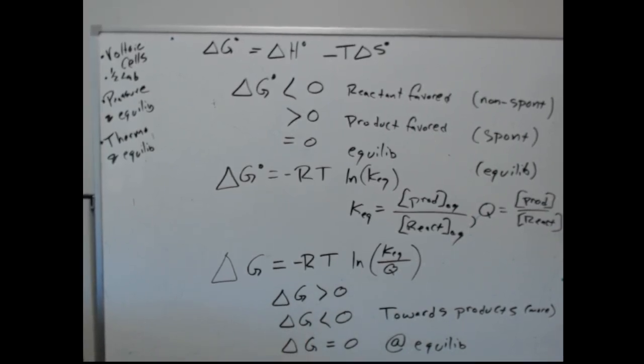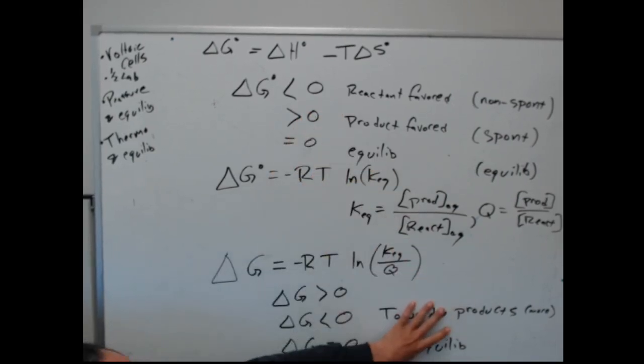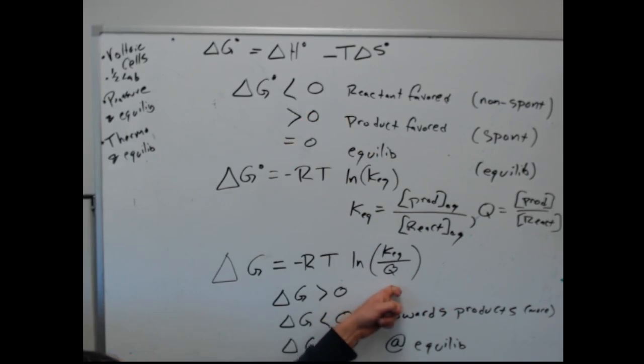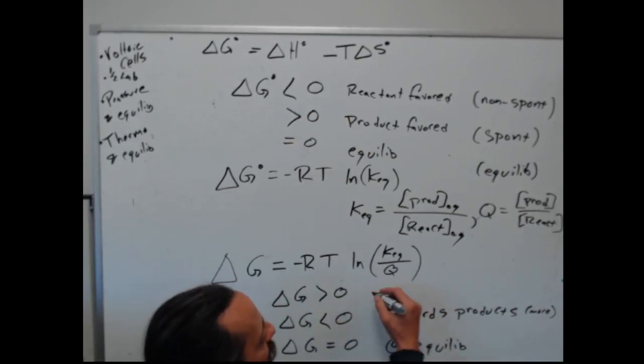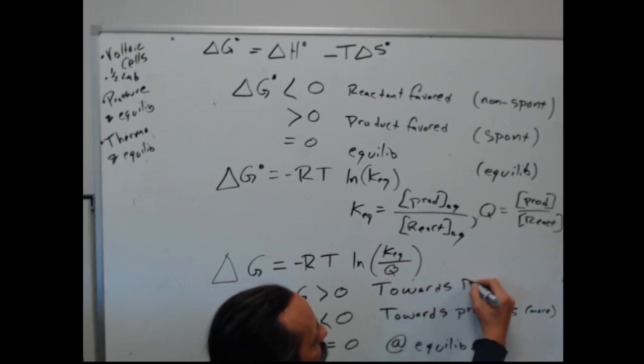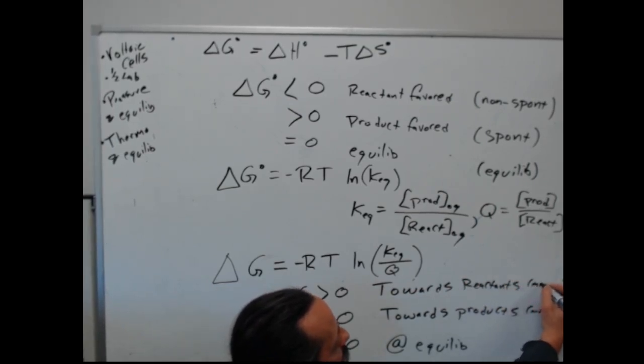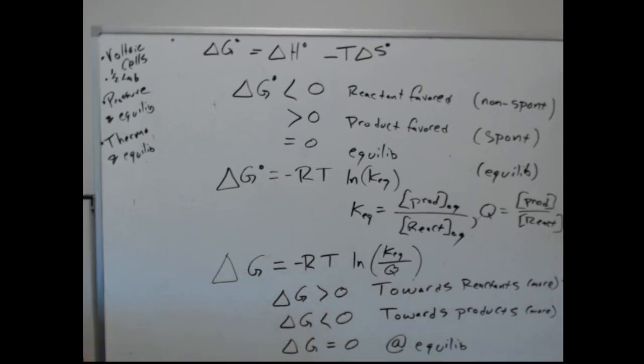So as the reaction proceeds, if our delta G is less than 0, there's still energy to be used there to drive the reaction. So we got to keep going, we keep going, we keep going. So this tells us where we're going to end up. This tells us how we're going to get there from some random starting spot. And if delta G is greater than 0, then we're going to go towards, right, we have to keep going towards reactants.